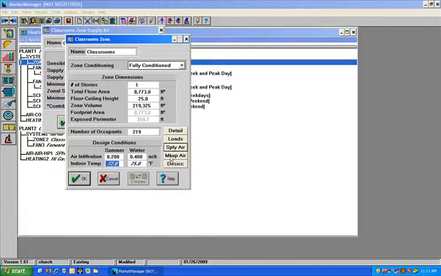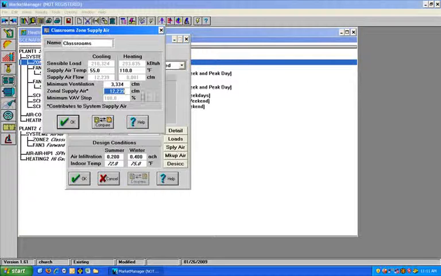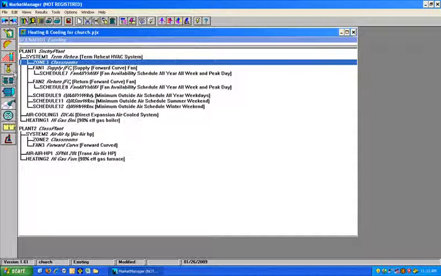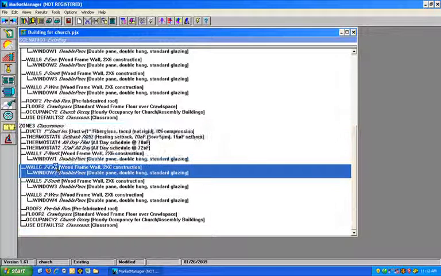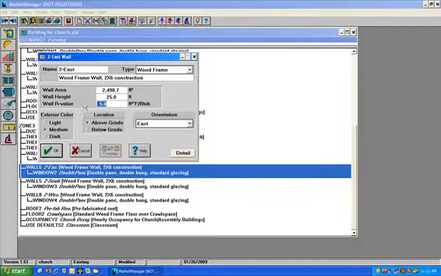Now I doubt you do that, but I'm going to do that anyway. I go back to supply air. See, this is now a larger number, and let's do some more changes. This is zone 3. I'll change the wall R values to 1 and all. I'm just going to do something ridiculous.